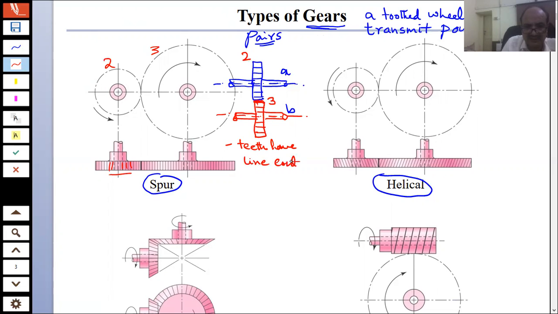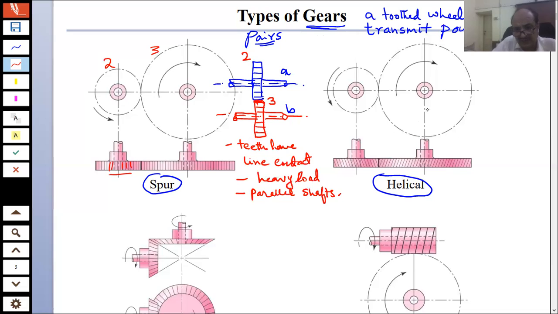So there is line contact between the teeth, and they can bear and transmit heavy loads, as far as spur gears are concerned. Now, these gears are used for transmission of motion between parallel shafts. So they are used for power transmission between parallel shafts.